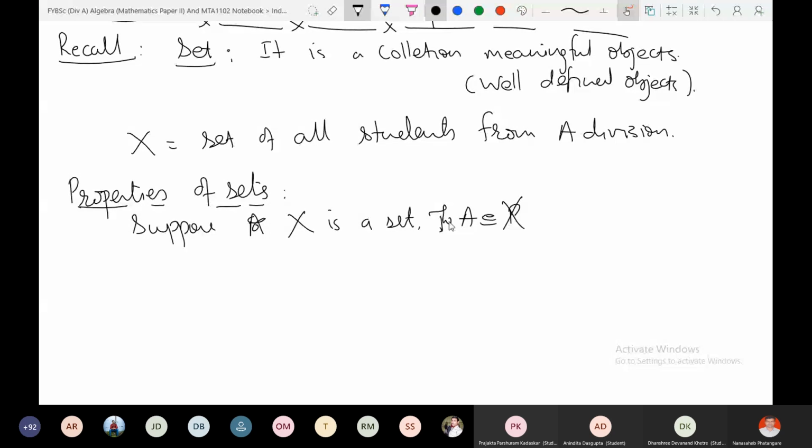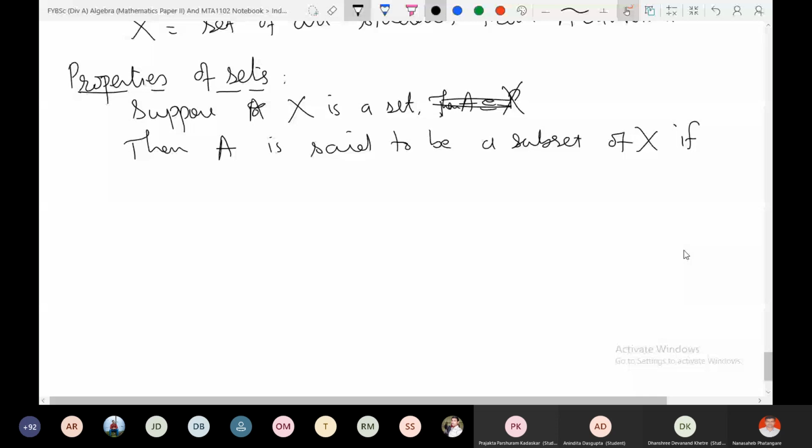Then A is said to be a subset of X if, what does it mean mathematically? How will you write it down?